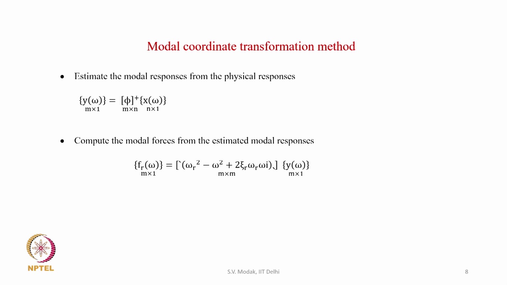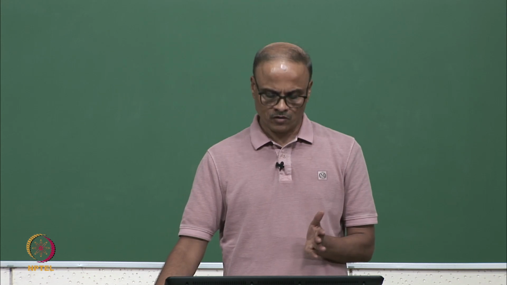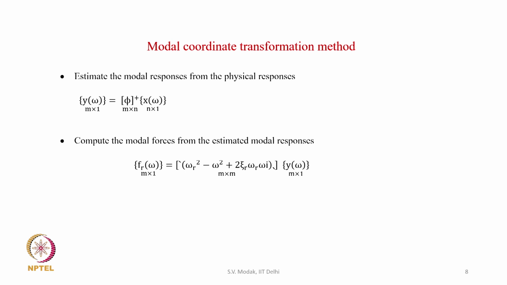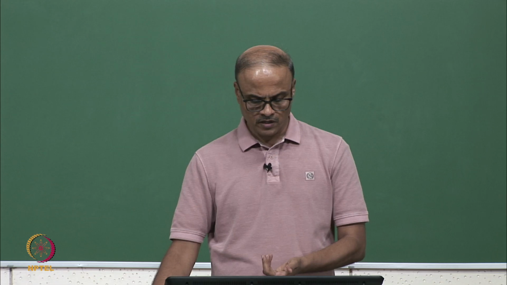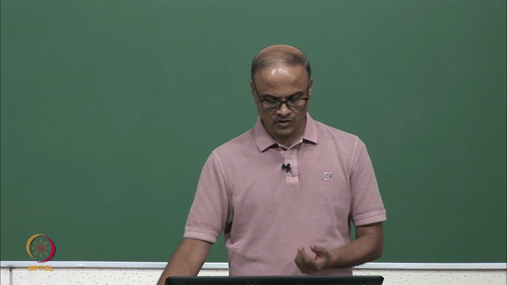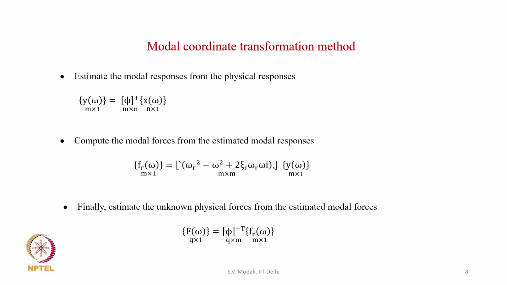The vector of modal forces is equal to a diagonal matrix multiplied by the vector of modal responses. Because the model is available, we know the natural frequencies, that is all the values of omega r on the diagonal. We also know the modal viscous damping factor zeta r. Therefore, there is no estimation involved here; we are basically computing the modal forces from the modal responses.